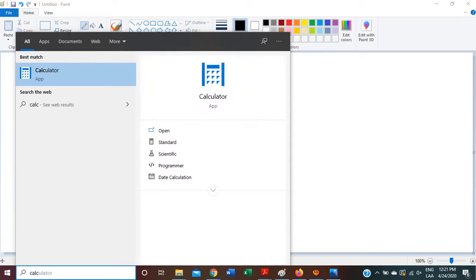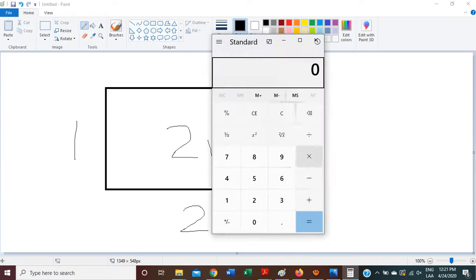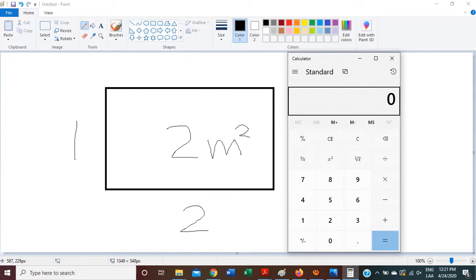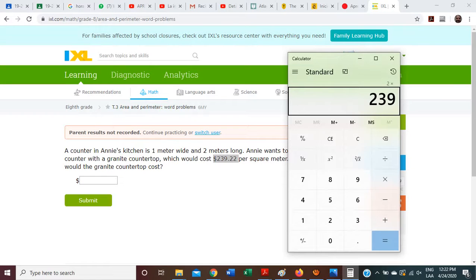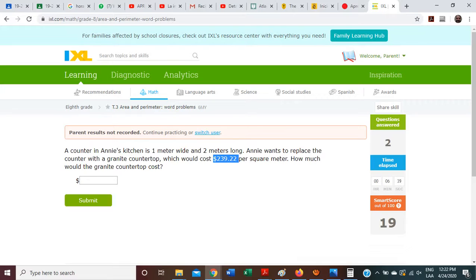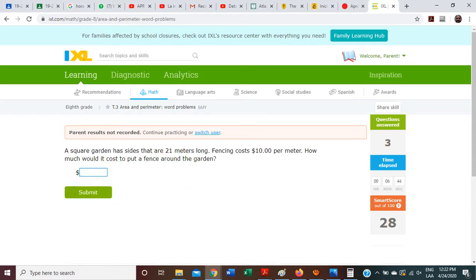We multiply the 2 square meters times the cost of each square meter, 239.22. This is the amount of money that Annie will have to spend. Let's submit it, and you got it.